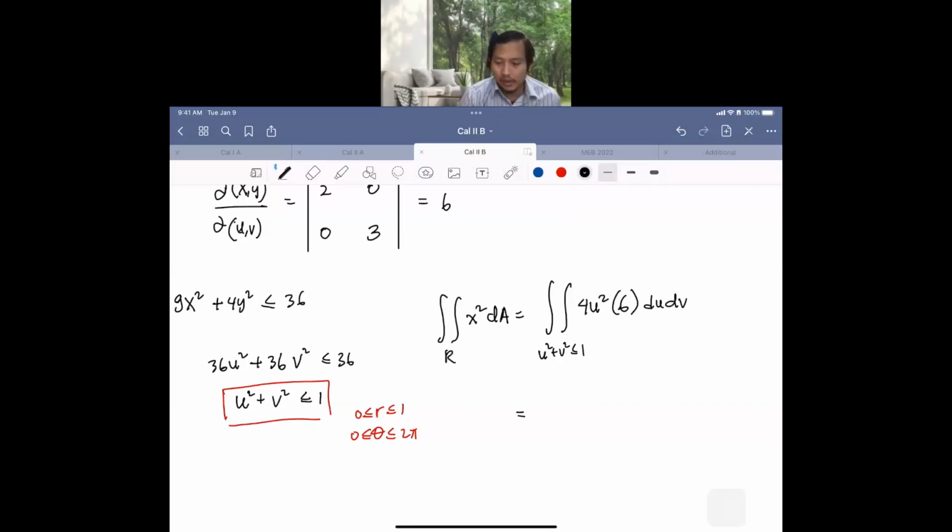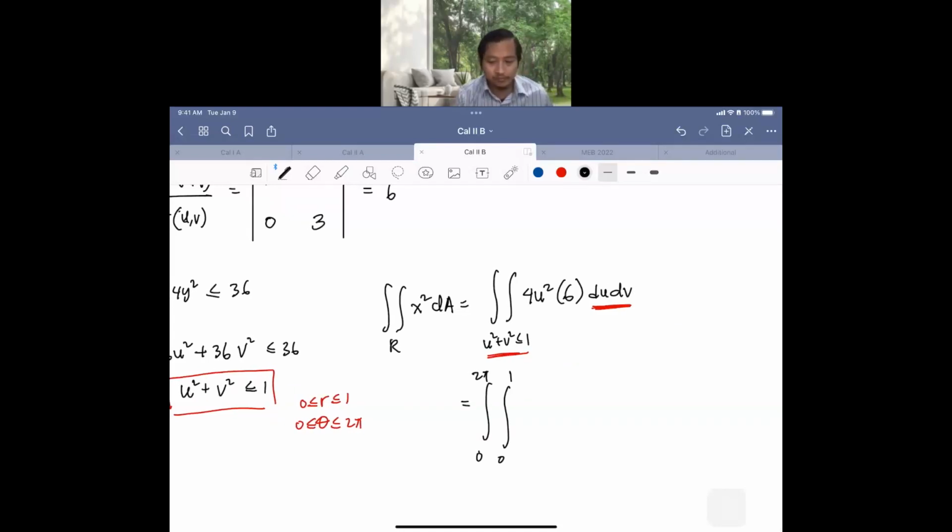Now our du dv and all the uv we are going to convert into polar. So we convert x, y to uv and then convert to r, theta. I hope you can get my point here. So the circle, since it's just radius 1, we have 0 to 2 pi and 0 to 1.